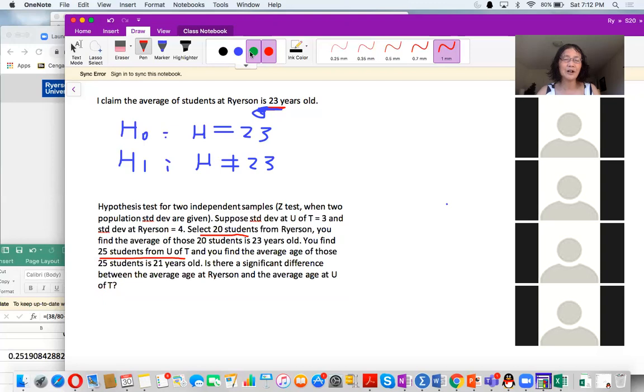I also know the standard deviation at Ryerson is 4 and at U of T is 3. So now I ask you: is there a significant difference between the average age at Ryerson and the average age at U of T? Does anyone understand what the given numbers are and what the question is here?